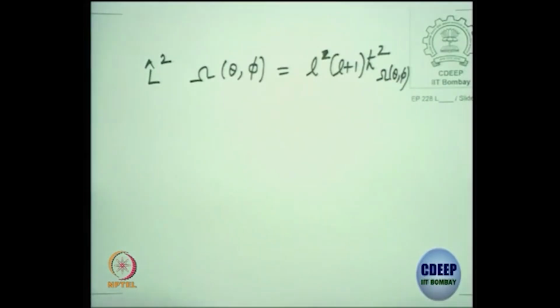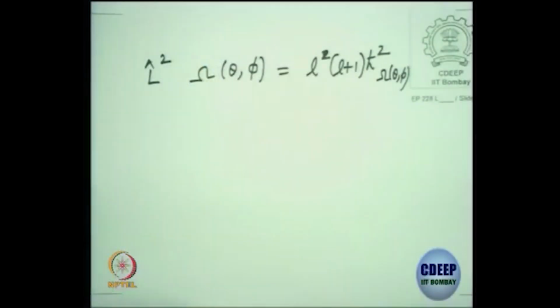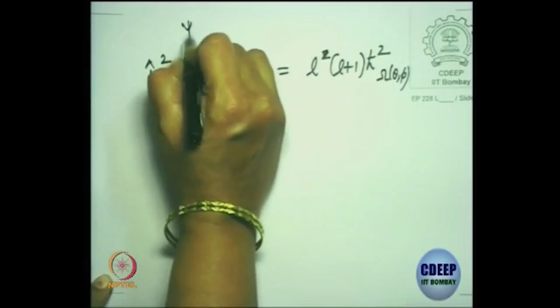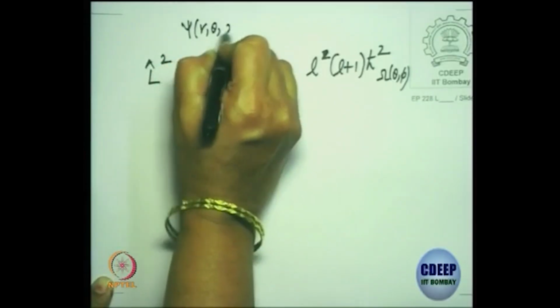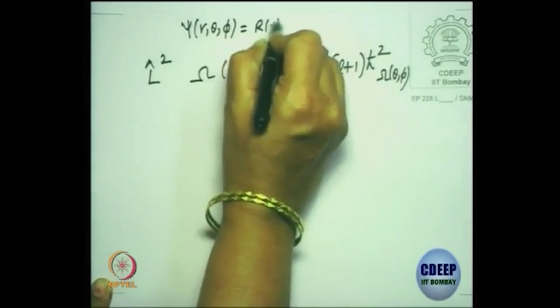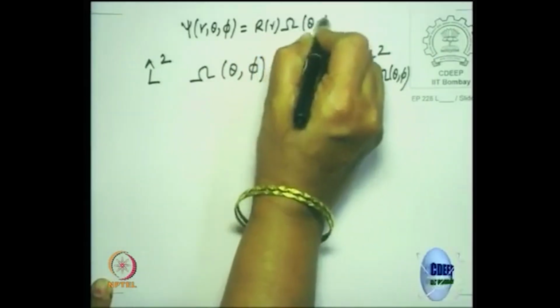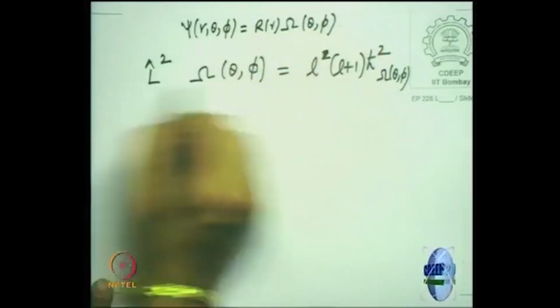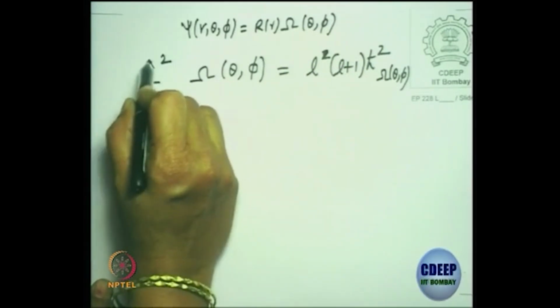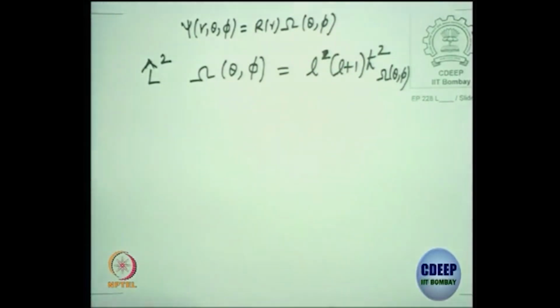Why are only theta and phi affected? When you write the angular momentum differential operator in the position basis, you see it acts only on theta and phi. So when you write the wave function psi of r, theta, phi, you could write it as R of r times omega of theta phi, and then that differential operator is nothing but your L dot L operator.